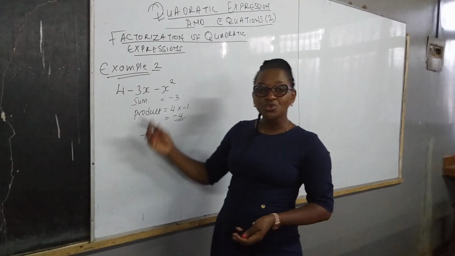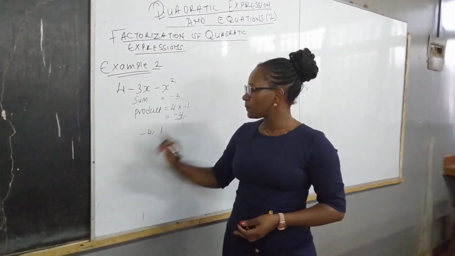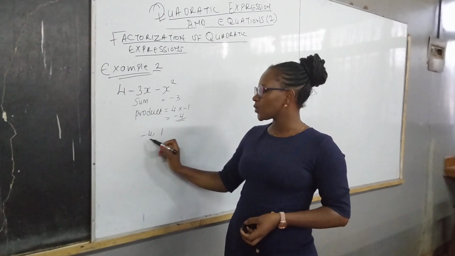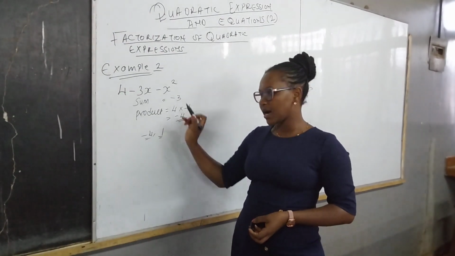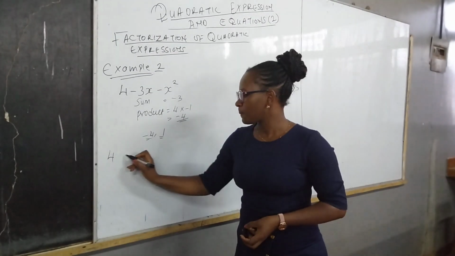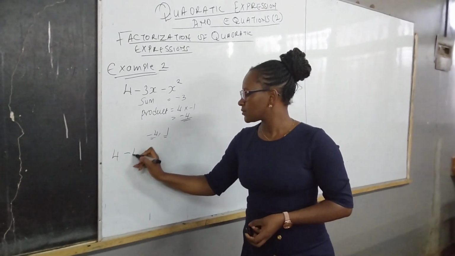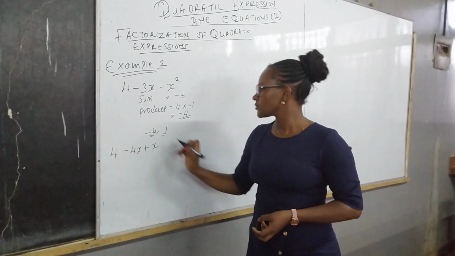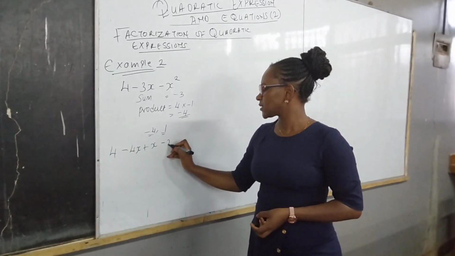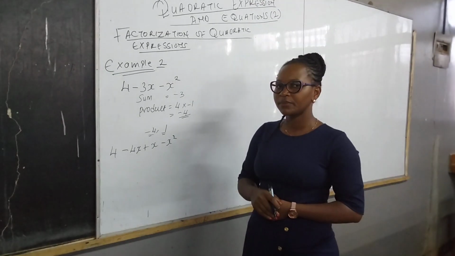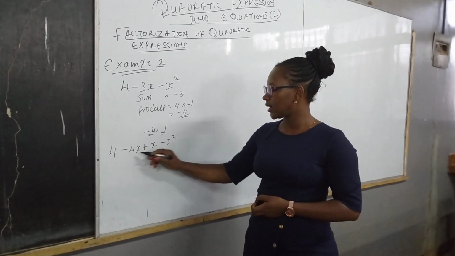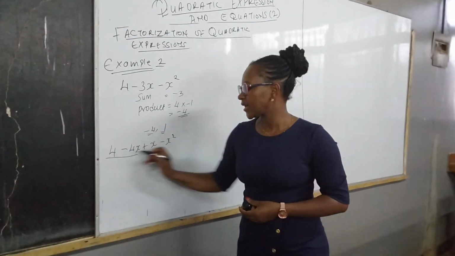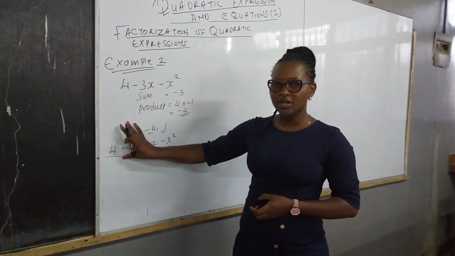So now we have to rewrite our expression again by replacing the second term with the values that we have got here, as 4 minus 4x plus x minus x squared. After writing it in this form, we pair it into two parts, then factorize.